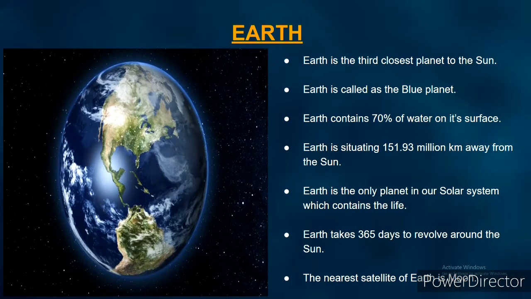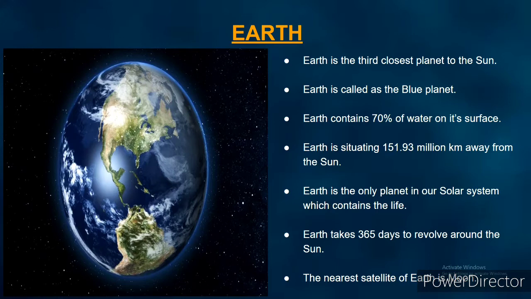Now here comes the beautiful Earth. Earth is the third closest planet to the Sun. Earth is called as the blue planet. Why? Because it contains 70% of water on its surface. Earth is situated 151.93 million kilometers away from the Sun.